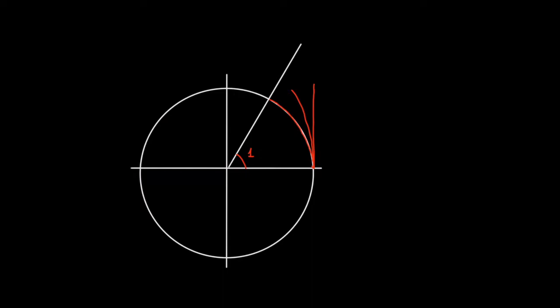Why? Because let's look at the formula. Our angle in radians, which we can call whatever we like to, but I'm going to call it theta, which is a Greek letter, is equal to the length of the arc that is formed by our angle, so this, divided by the length of the radius.